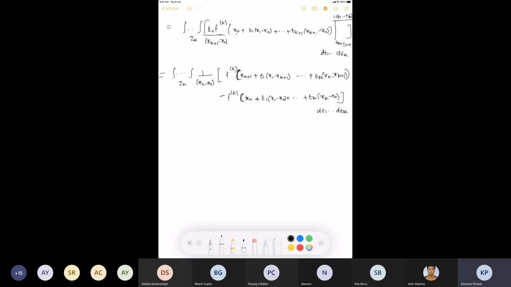So note that I have reduced to the tau k, and here the derivative, I have it with this the kth derivative of the f. So I can use the induction hypothesis. So I will have the 1 by xk minus x naught factor outside. So if I use the induction hypothesis, what the first term will be equal to?